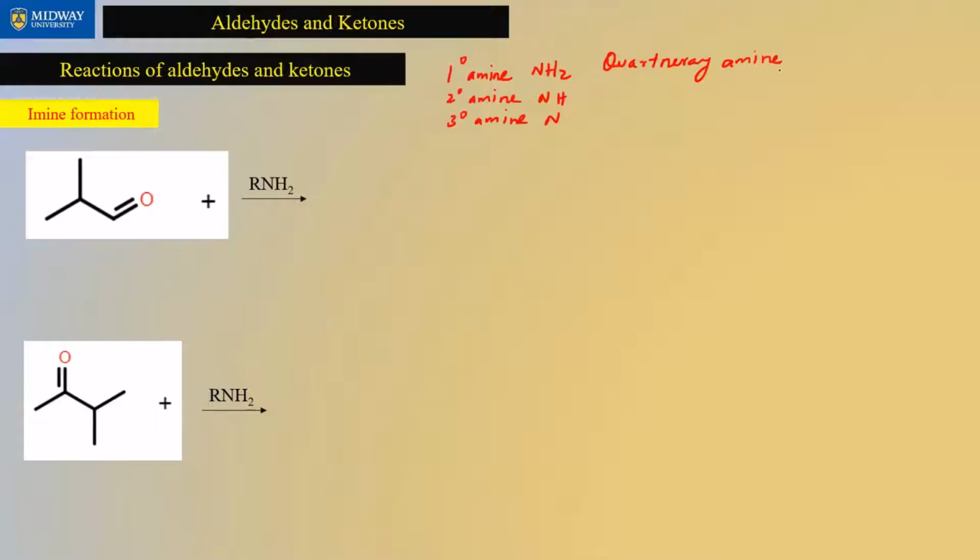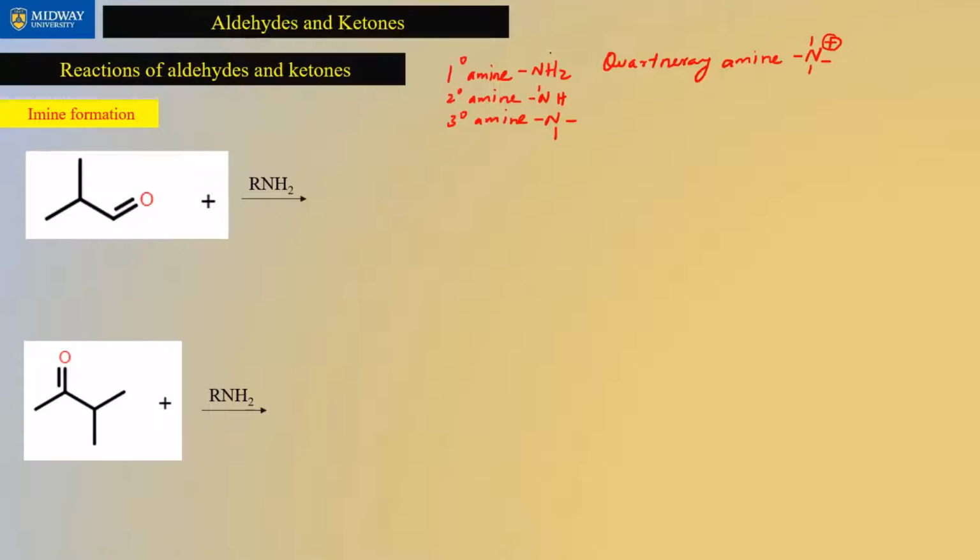A quaternary amine is a nitrogen with a plus charge. In all these cases, nitrogen has 3 bonds, whether it has 1 hydrogen or not. But this is a special case: a quaternary amine has a 4 bond situation, and the plus charge is what allows that 4 bond formation.